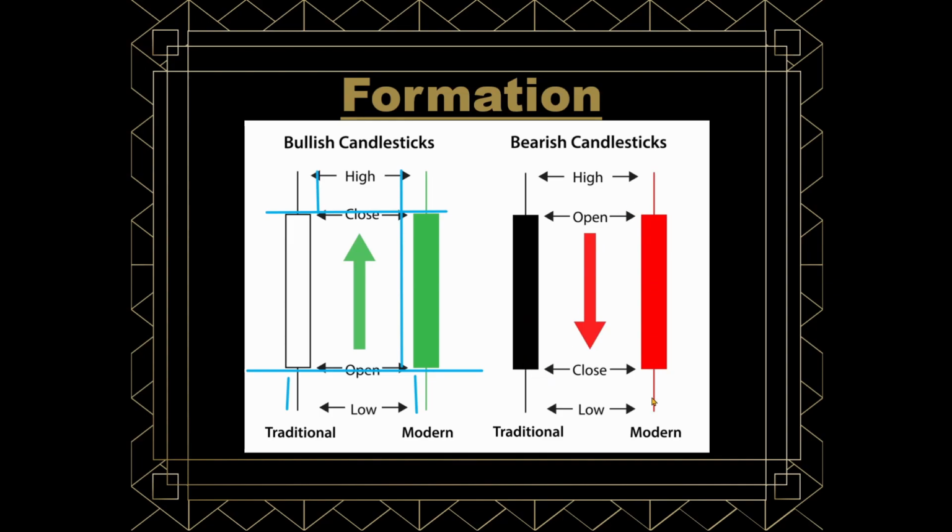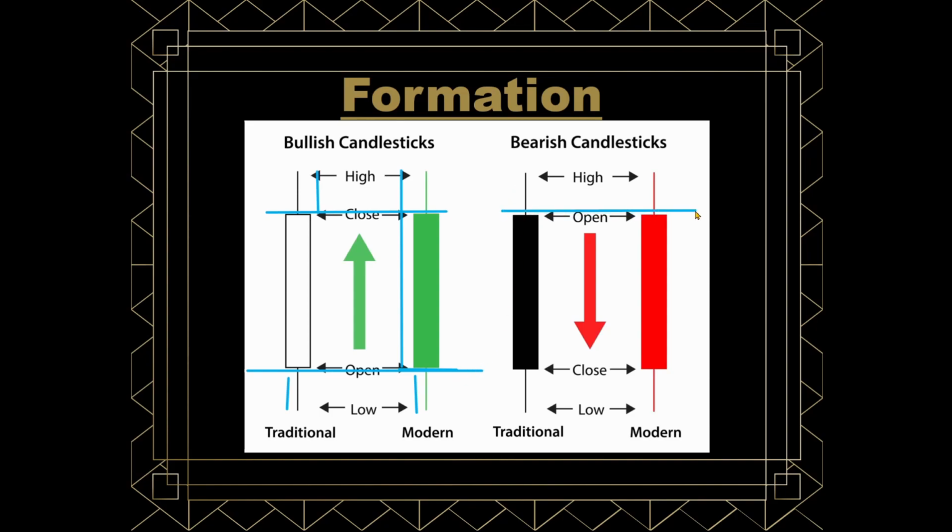Now if we move over to a bearish candlestick, you're either going to see black candlesticks or red candlesticks. A bearish candlestick is just like a bullish candlestick. The only difference is the open and closing price on the candles are flip-flopped. So for bullish candles, the opening price is at the bottom. For bearish candles, the opening price is at the top.